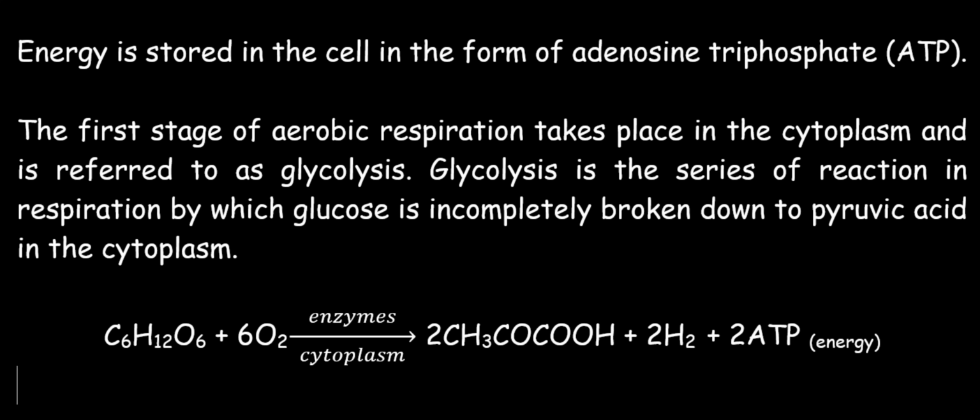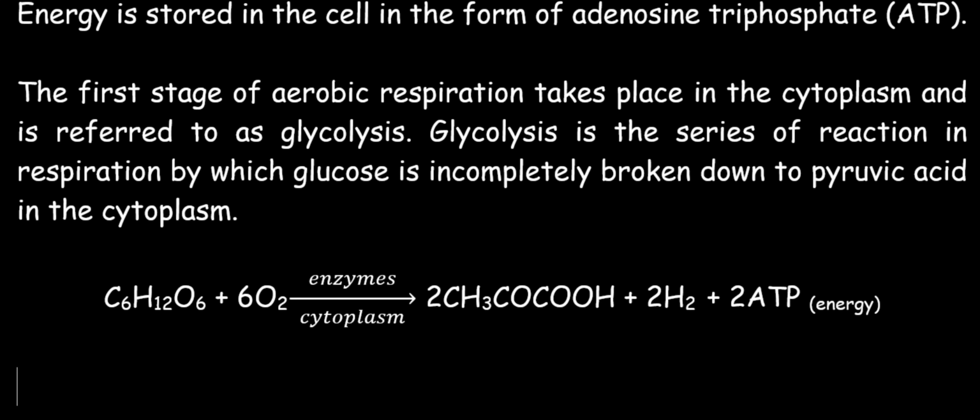This is going to give us 2 molecules of pyruvic acid, that is CH3COCOOH, plus 2 molecules of hydrogen and 2 molecules of ATP, or energy, which is being released at this stage. So this is the first stage of aerobic respiration. We are going to be showing the outline of the first stage of glycolysis properly.